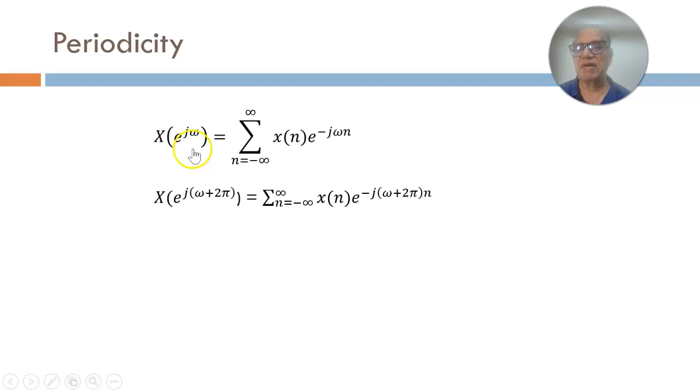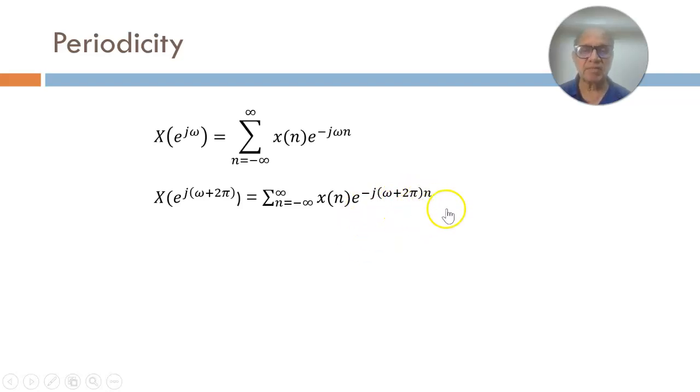And now let us evaluate this by increasing omega by 2 pi. So on both sides of the equation we add 2 pi to omega. On the right hand side, the summation remains as it is, n equal to minus infinity to plus infinity, x(n) remains as it is, e raised to minus j, and now you write (omega plus 2 pi) times n.